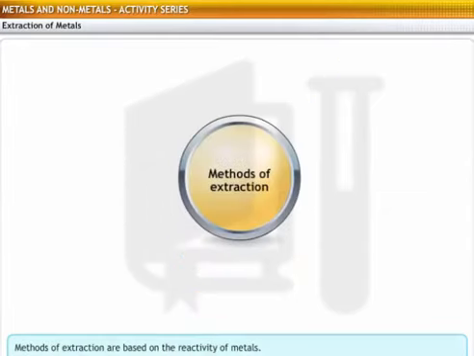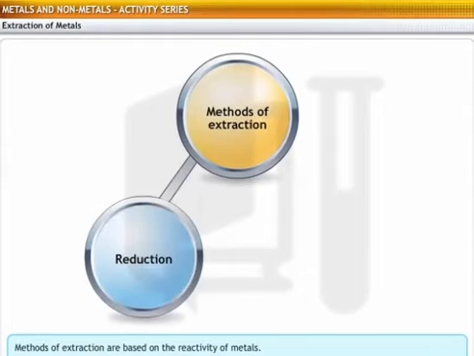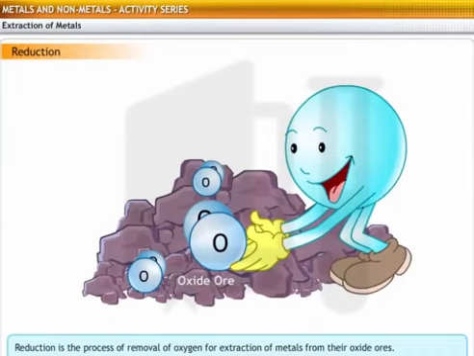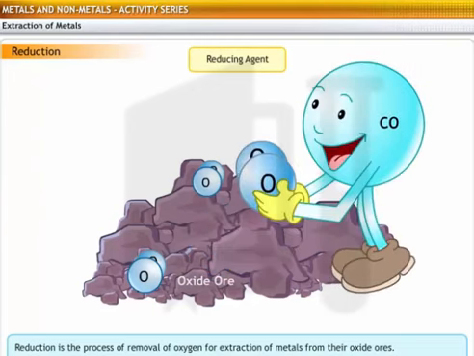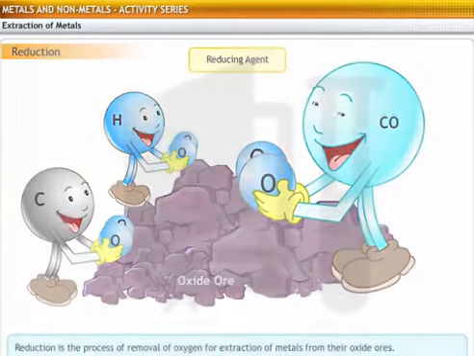Based on the reactivity displayed by metals, they can be extracted through the following methods: reduction and electrolysis. Reduction is the process of removal of oxygen for extraction of metals from their oxide ores. The common reducing agents used for reduction of metal oxides are carbon monoxide, carbon, and hydrogen.